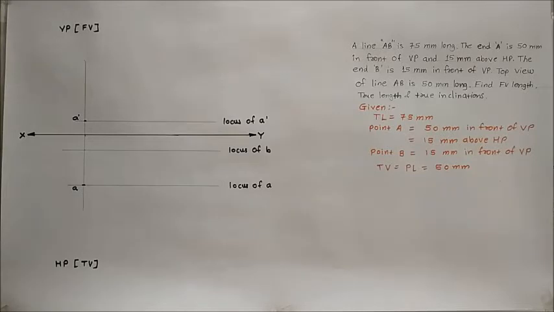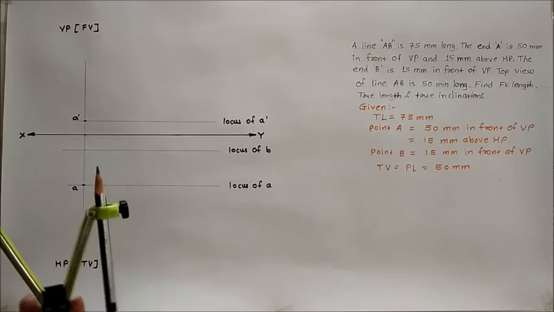Then the true length of the line is given, as well as the top view, meaning the plan length of the line. So the true length of the line is 75 mm and the plan length of the line is 50 mm. First we will mark the true length of the line. For marking the true length, take the distance 75 mm in your compass.